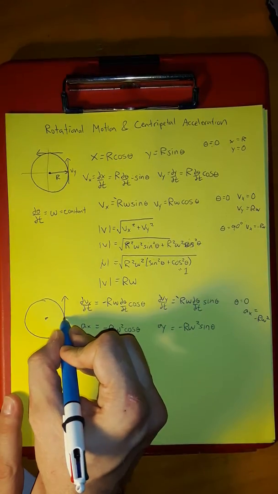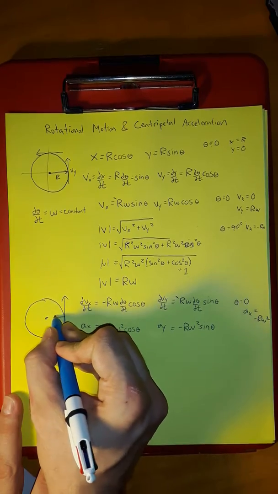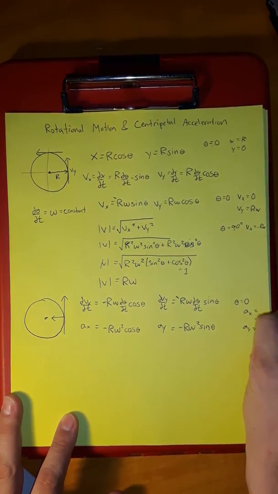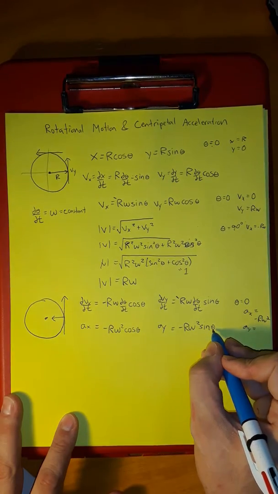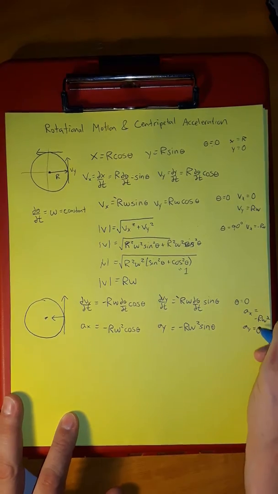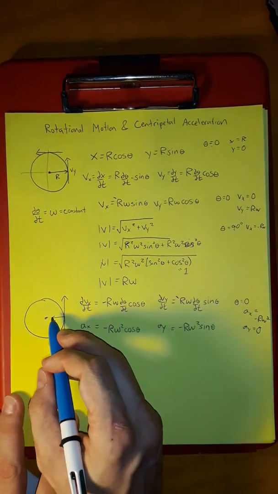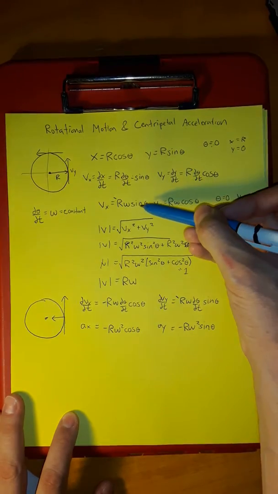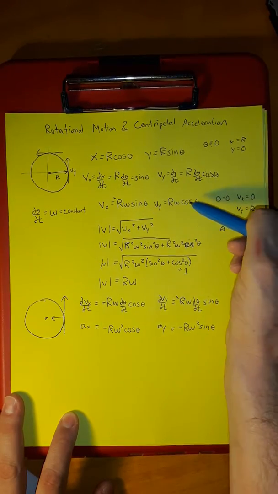So in the x direction, it's going negative, and in the y direction, if we sub in theta to be 0, sine of 0 is 0.